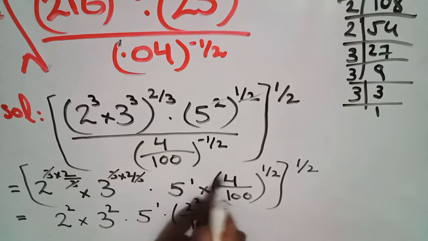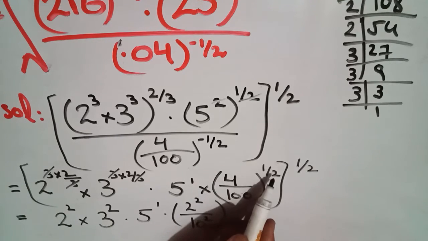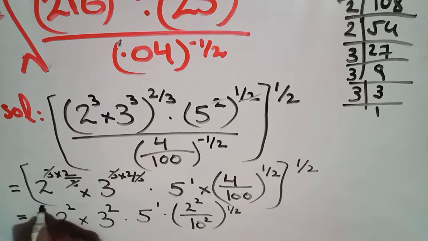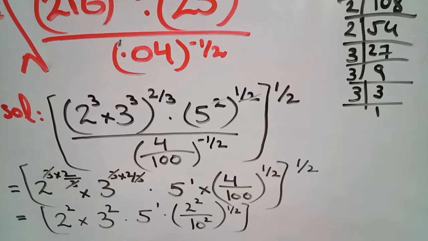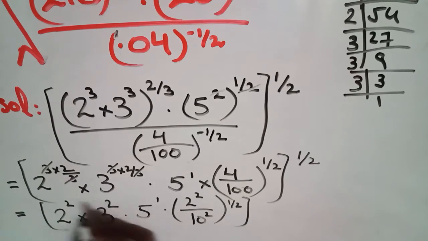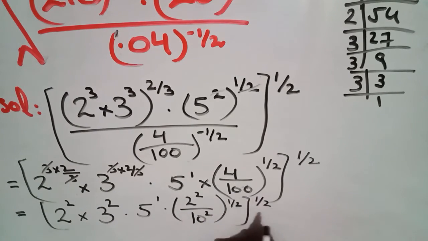So this factor has power 1 by 2. You can write here 1 by 2, but don't forget to write the power of the whole factor, which is the whole raised to power 1 by 2 at the outside. Okay, now you can simplify it in the next step.